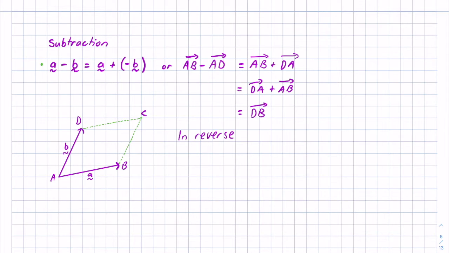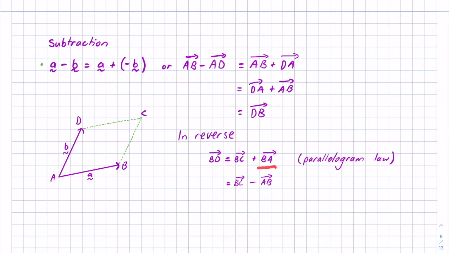Now, let's look at that in reverse. So the vector BD, from B to D, is the same as BC plus BA. That's by the parallelogram law.